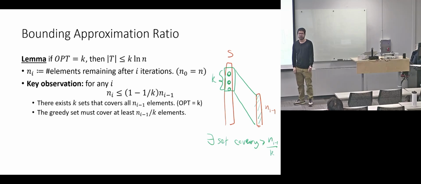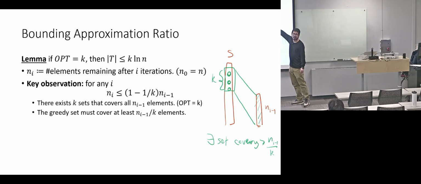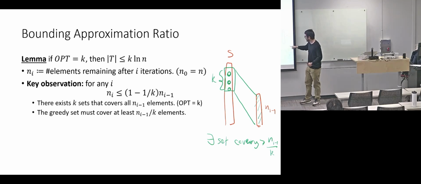Questions? Why is it guaranteed to cover that many? Oh, because if you have, let's say case 2, 10 guys here, then one of the two must cover at least 5. If all of these cover strictly less than this, then they cannot cover the whole thing, right? Just like the pigeonhole principle.